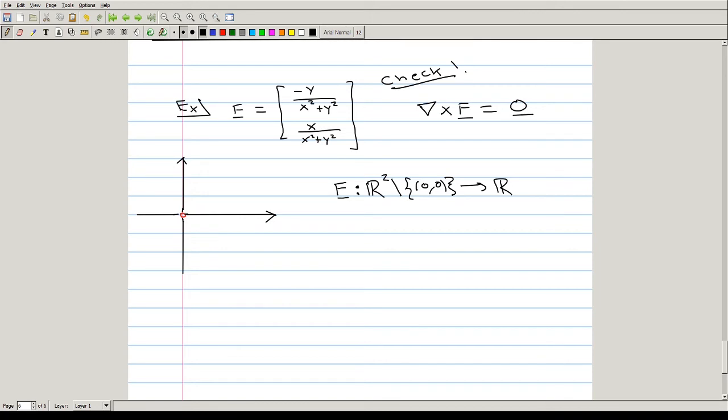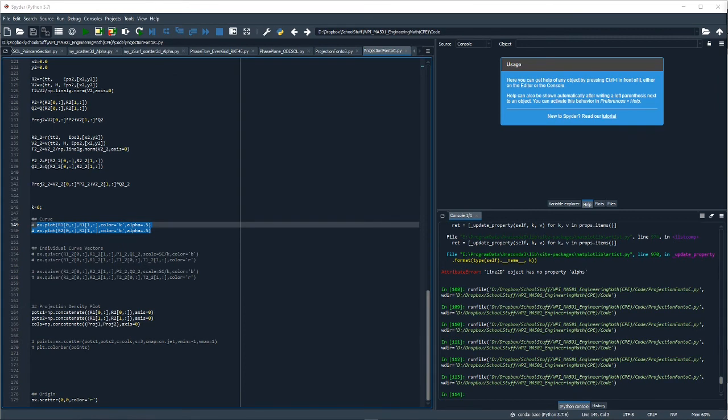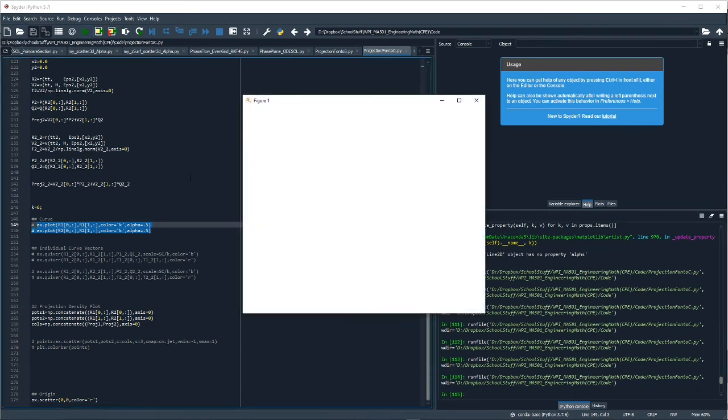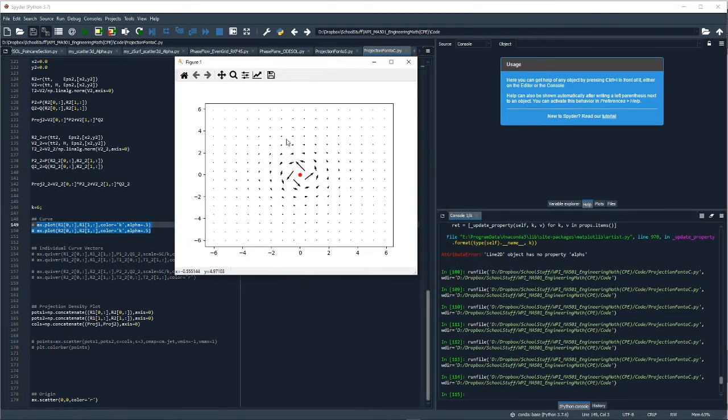That being said, we can still visualize this vector field very nicely, and we can do that in Python just by taking a look at the Python window and running our visualization. This is what this vector field looks like, and you can definitely see that it looks like it's rotating around the origin, this origin point right here.